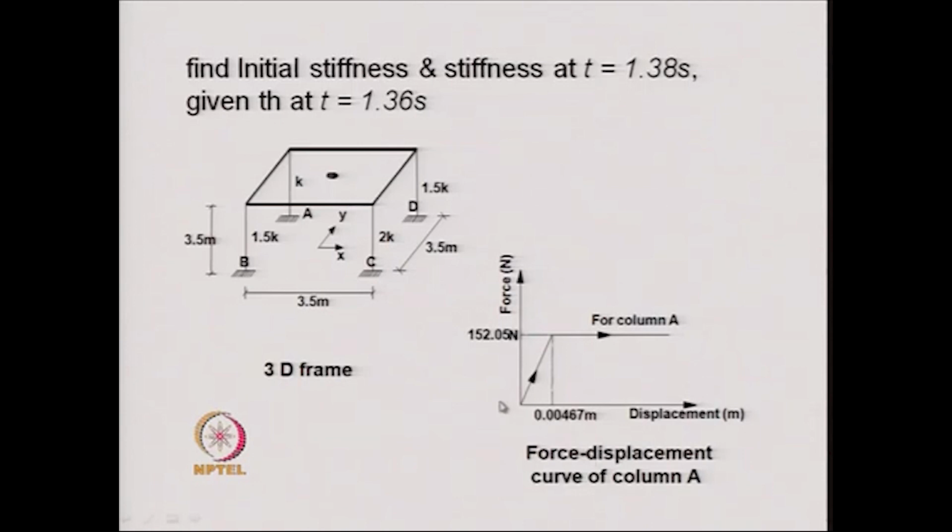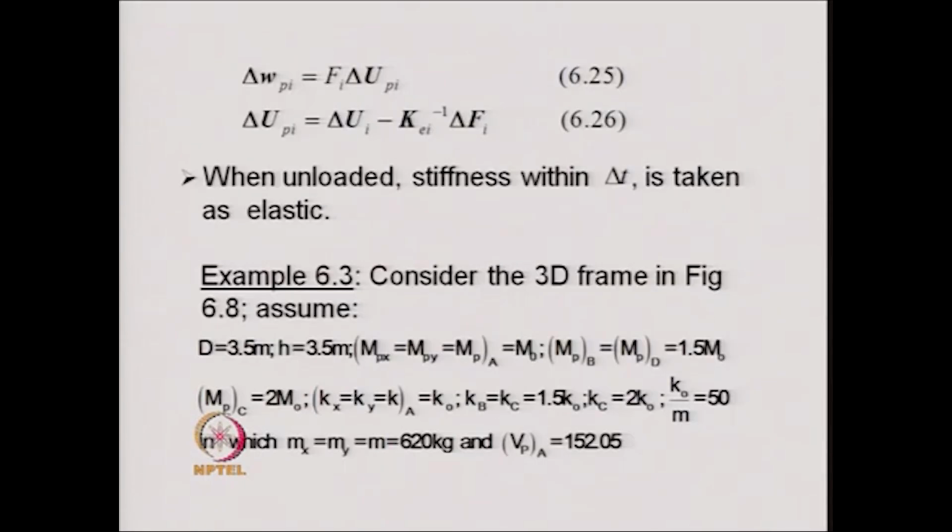The yield shear for the column A is given as 152.05 Newton, and by knowing the yield shear in column A, the yield shear for other columns can be obtained from this particular condition, that is, MPx, MPy for column A is equal to M0, and MPb and MPd are equal to 1.5 M0, and MPc is twice M0.